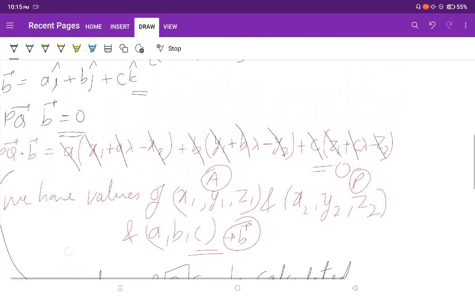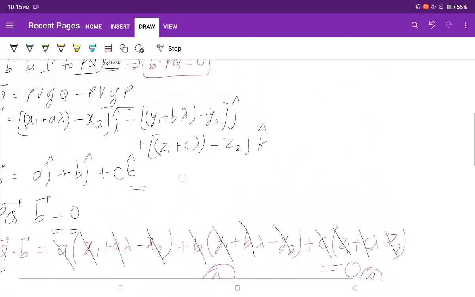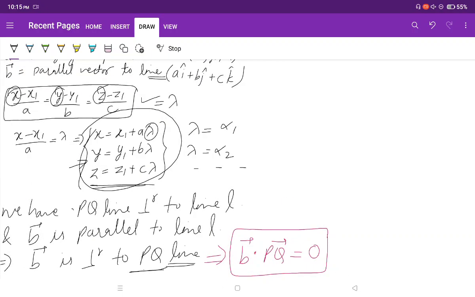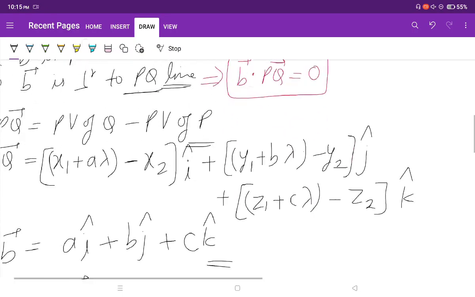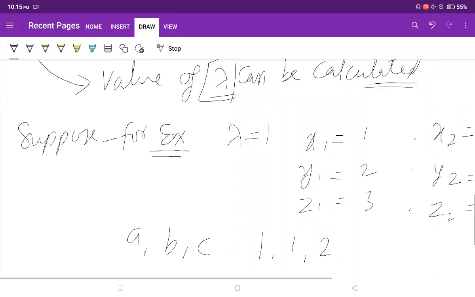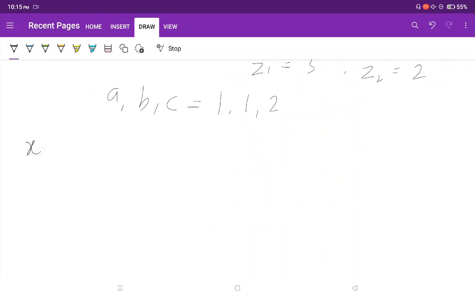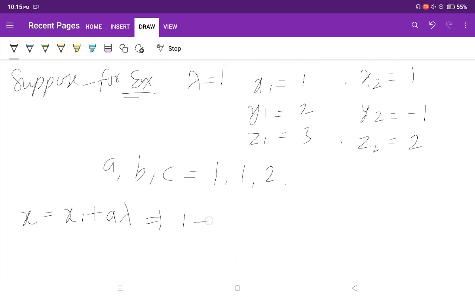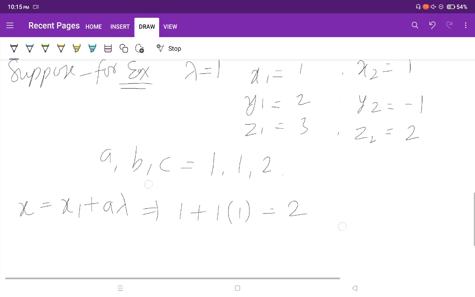So now let's calculate the coordinate. Here we have general coordinate x as x1 plus a lambda. So we have x1 as 1 plus a as 1 and lambda as 1, so we have the value of x as 2.